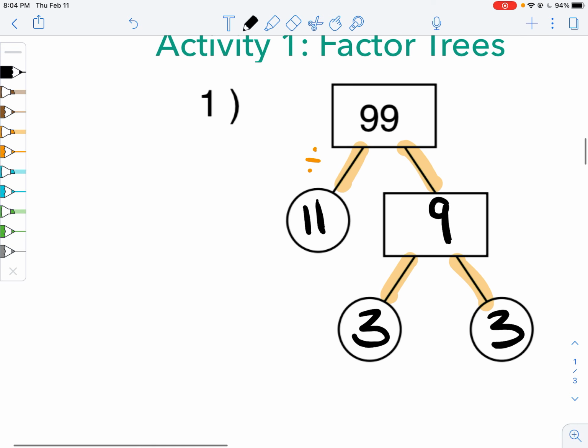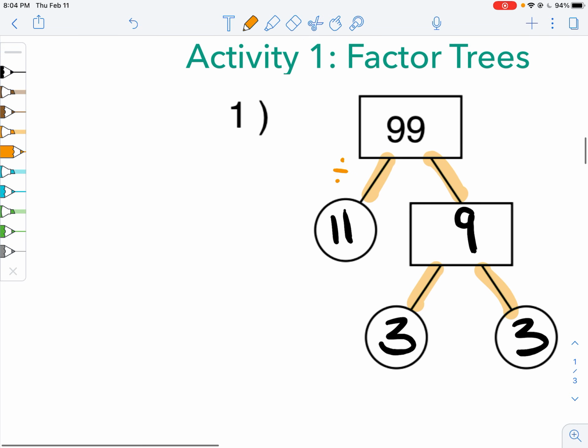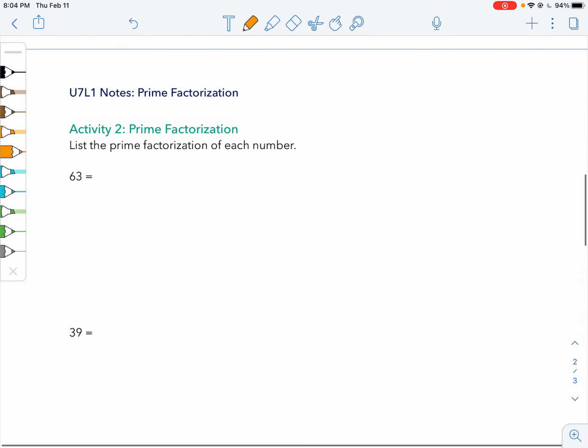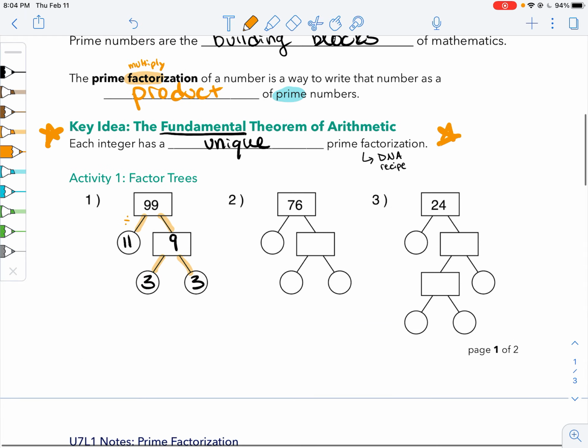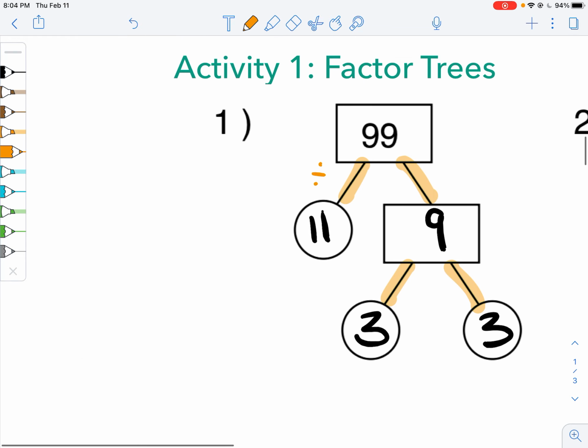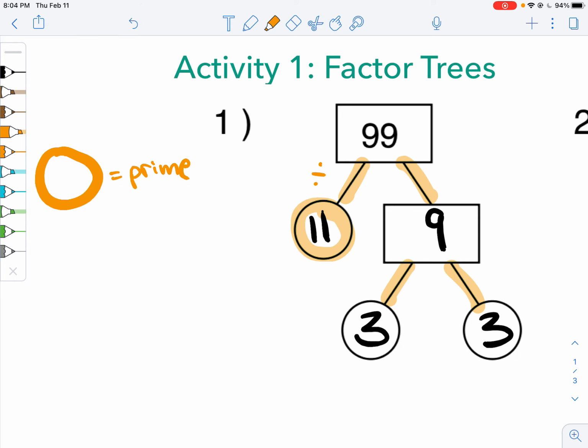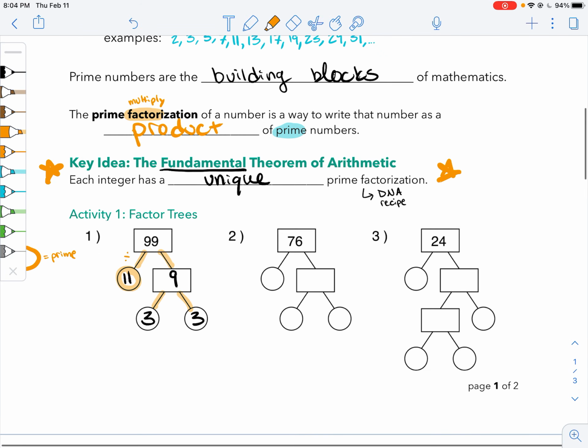Now, when you're using factor trees, you always want to circle a prime number. So 11 is circled. Oh, wait, hold on. We made prime numbers blue.